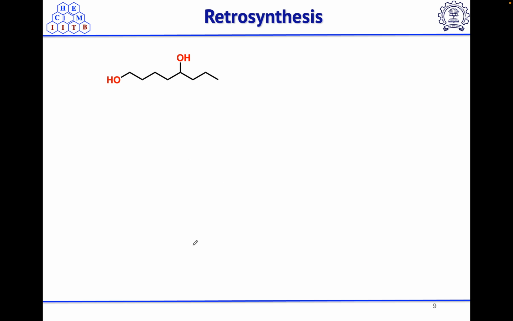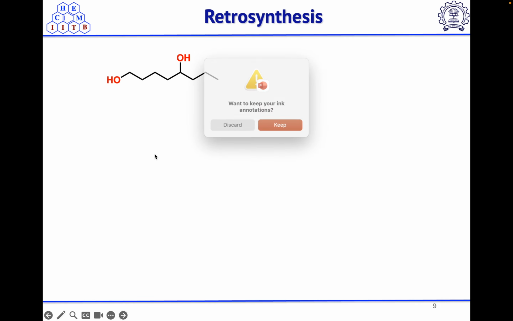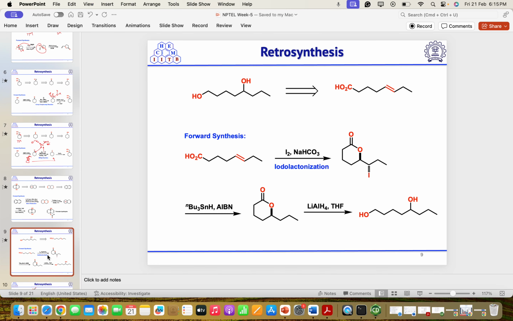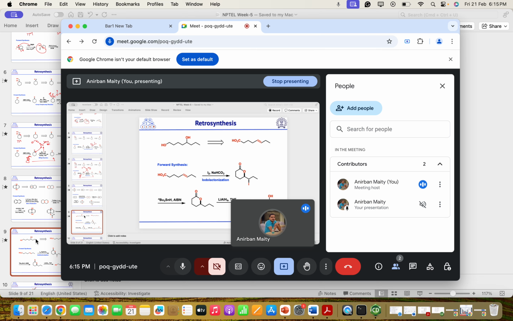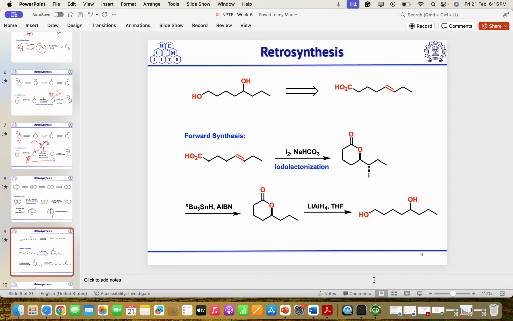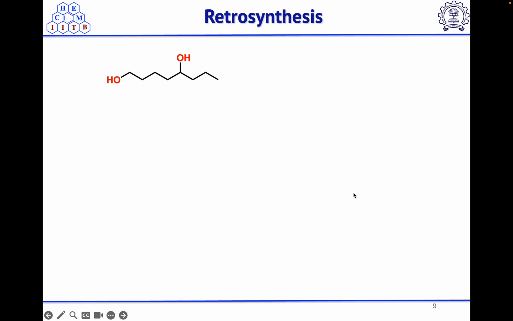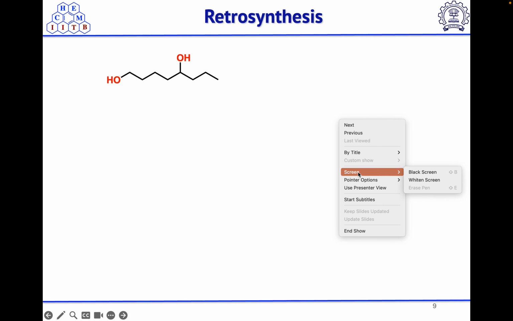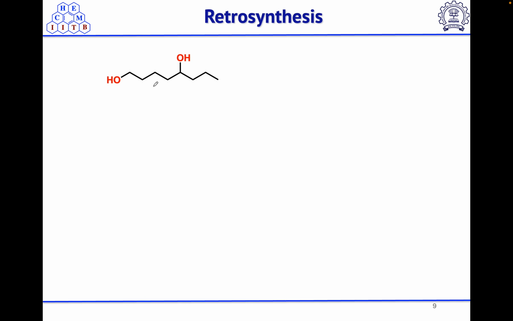Now the next retrosynthetic analysis. So what is happening here? Basically, if we have this diol compound, how can we get it?